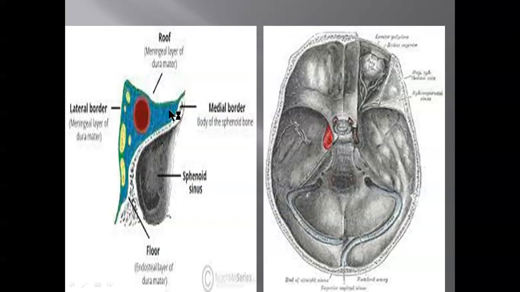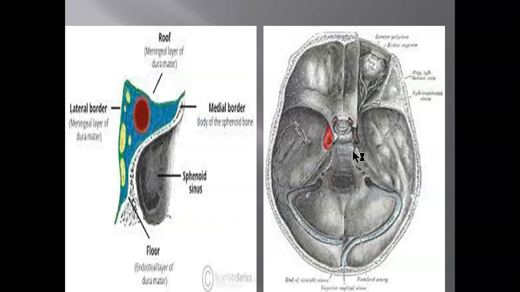So the contents of the cavernous sinus would be the internal carotid artery, and we can say cranial nerve 6 also. All right. Nerves 3, 4, and the ophthalmic branch of the trigeminal, these nerves are all on the periphery.